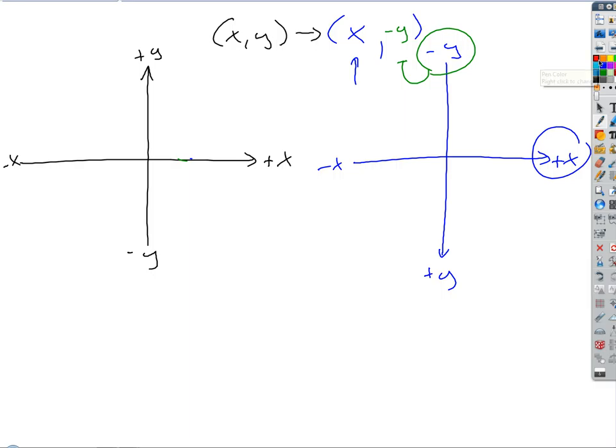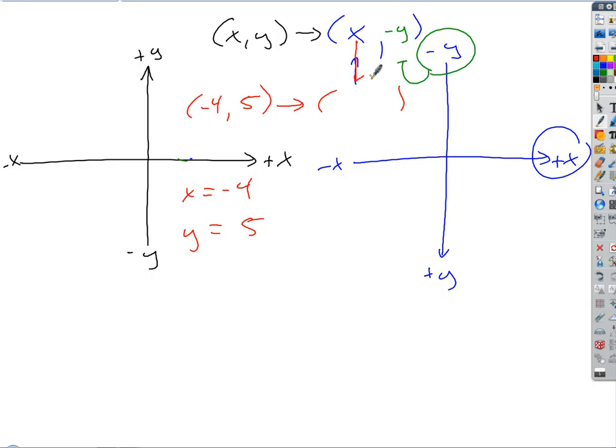So let's take a sample point. What if we take the point -4, 5? What are we going to end up with? What's my value of x and y starting out? x is -4, and y is 5. All we do is follow the rules.